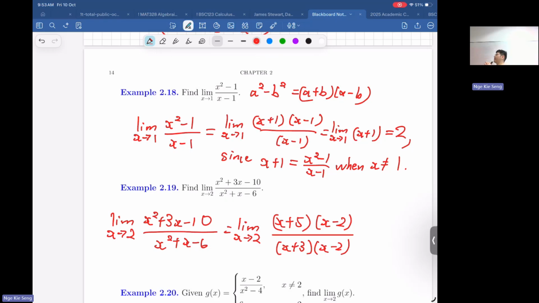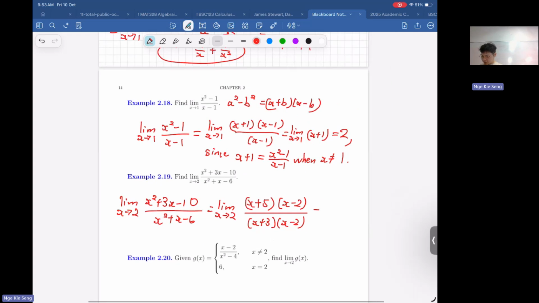So can I simplify them or not? Where does the limit happen? At 2. But we don't care about 2. So we can just simplify it to x plus 5 over x plus 3.